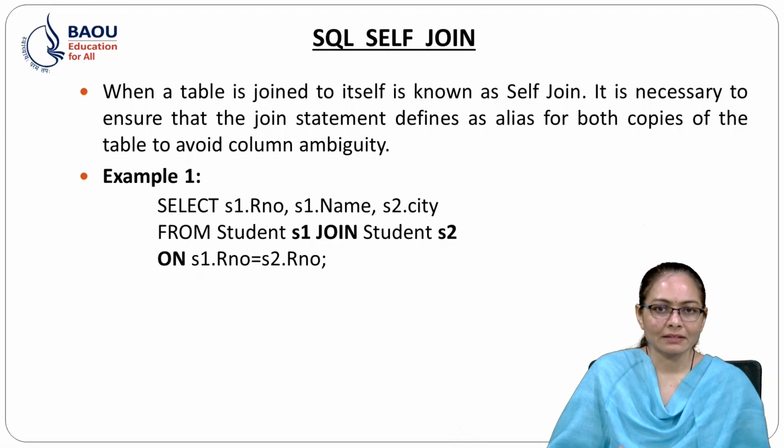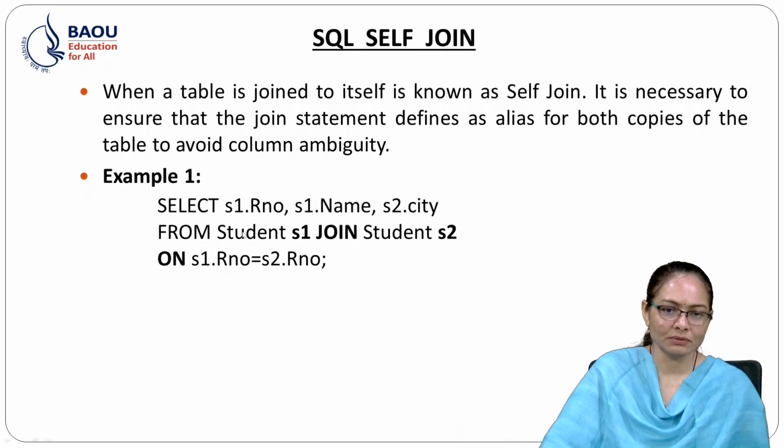So here in the example, select S1.roll_number, S1.name, S2.city from student S1 join student S2. We can also write student as S1 join student as S2.